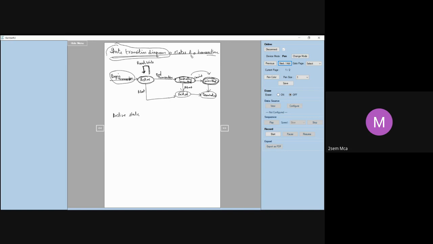Once the transaction is committed, it has concluded its execution successfully, so it will come to the terminated state. Transaction committed means it has concluded its execution successfully. All the changes will be recorded permanently in the database. As I told you previously, now you cannot undo anything at this point of time.